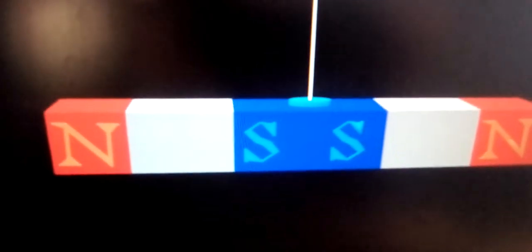So we have a north pole here and a north pole here, and two similar poles in the middle. We call this consequent poles. A magnet with consequent poles will not rest in a particular direction. It will always rotate around because it has similar polarities at the ends, so we shall always have repulsion, attraction, repulsion, attraction. So it will continue rotating.